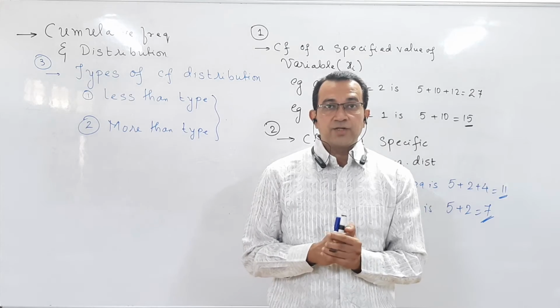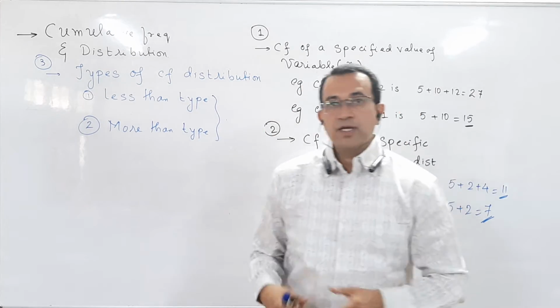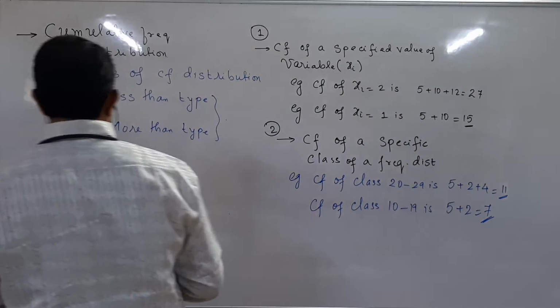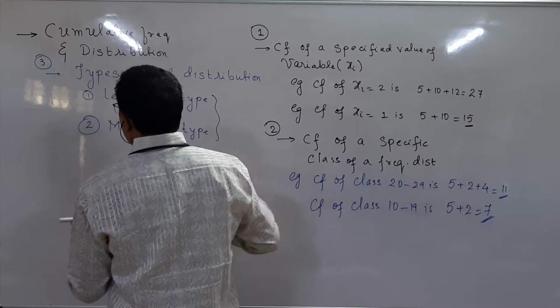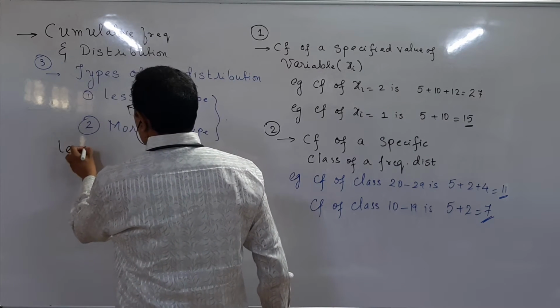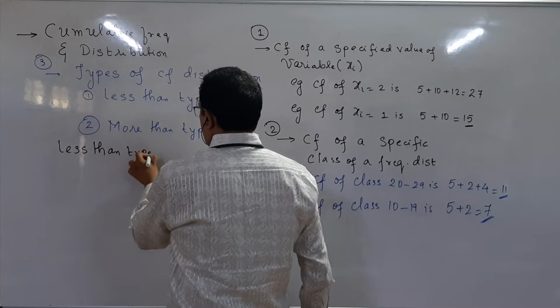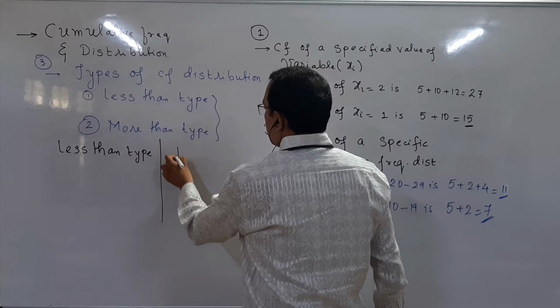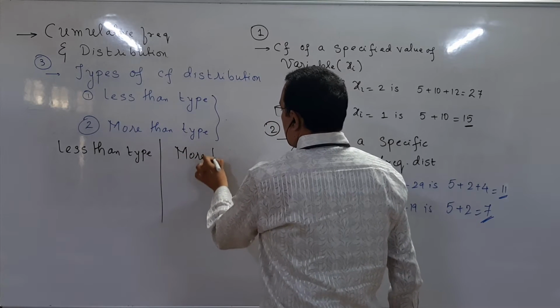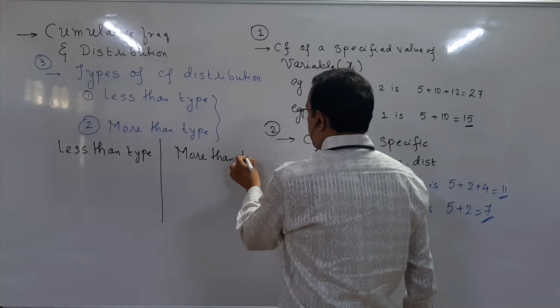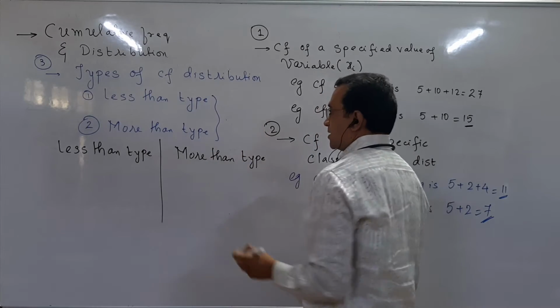All of you pay attention. What is less than type cumulative frequency distribution? Then you should remember like this. Correct?